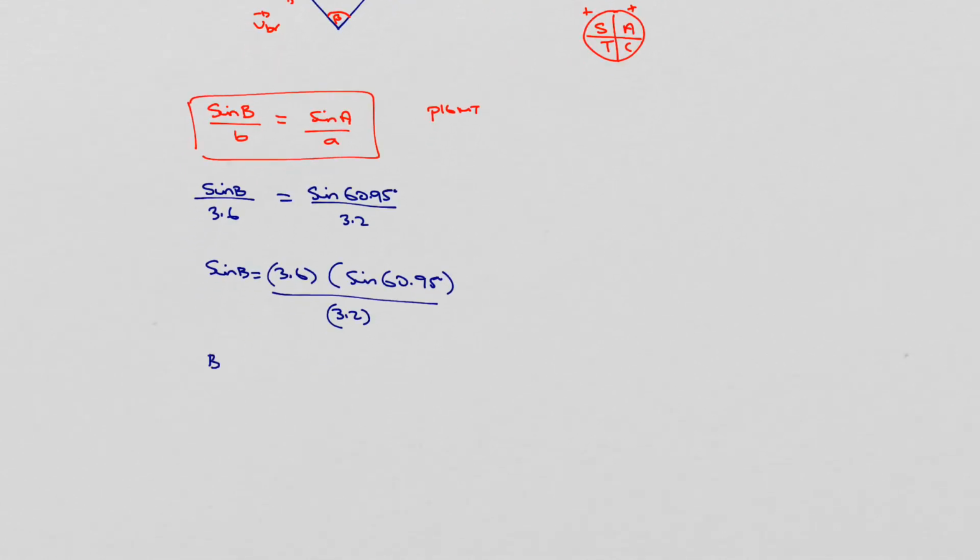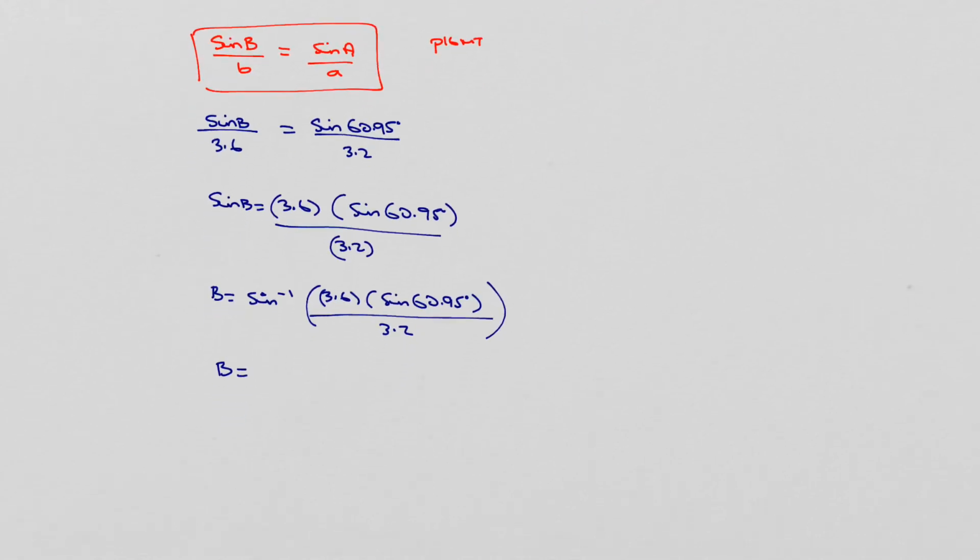And then if I get sine inverse of all of that, so 3.6 times sine 60.95 over 3.2, what that gives me for the angle, I'll call it beta in my diagram, is 79.57 degrees. So that would be the acute case.